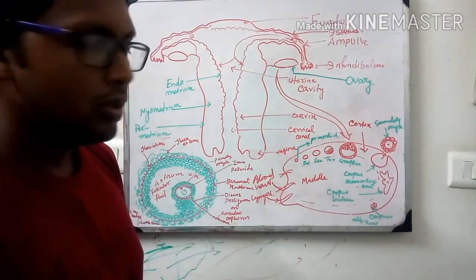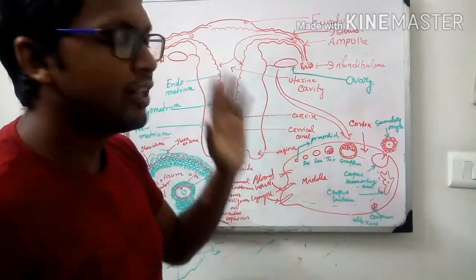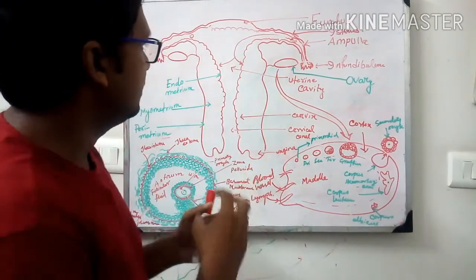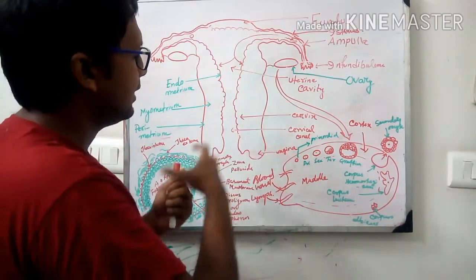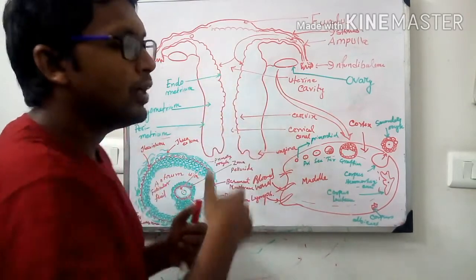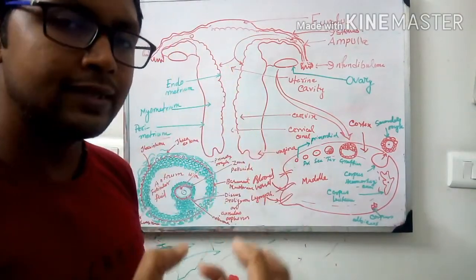The endometrium is the site where the fertilized egg, in the form of a blastula, enters. The endometrium wall is undulated because it is so receptive.